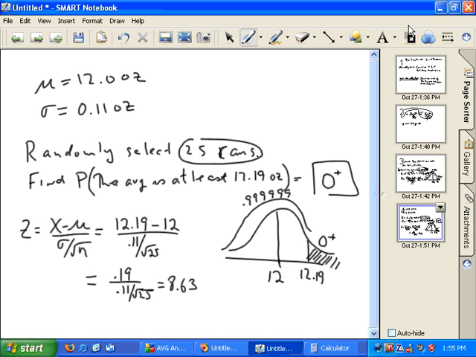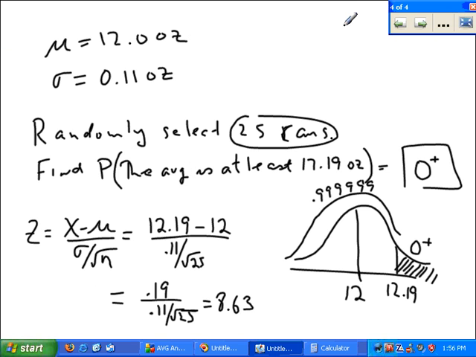It's not going to happen. If you select 25 cans, it's just not going to happen that the average is 12.19. It's too much. With 1 can, it probably would have been much different. But with 25 cans, it's not going to happen.